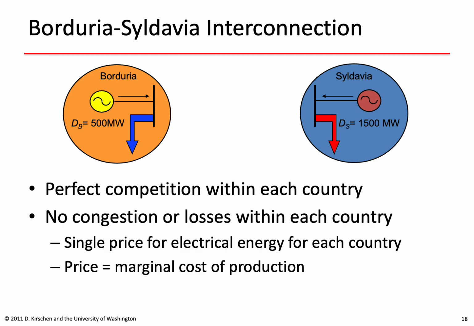And we will also assume that these two countries each have their own electricity grid, which is very strong, meaning there is no congestion or losses within each country. So we will make the assumption that there is a single price for electrical energy in Borduria and a single price for electrical energy in Syldavia. And because there is perfect competition within each country, this price will be equal to the marginal cost of production in that country.